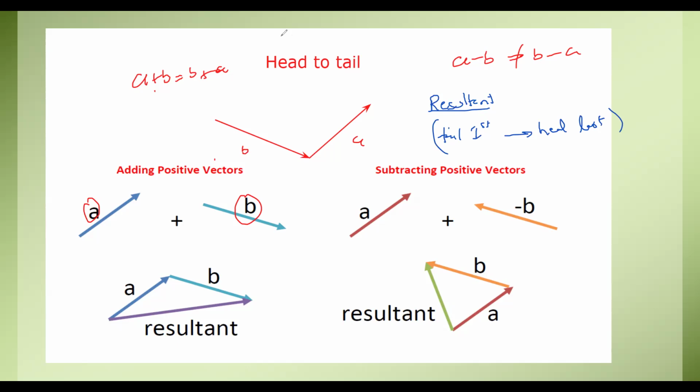How to work out the magnitude is the next part. So from the tail of the first to the head of the last we join, and we get the resultant of these two vectors. In this case, the direction of the resultant, or A plus B, is in this way.